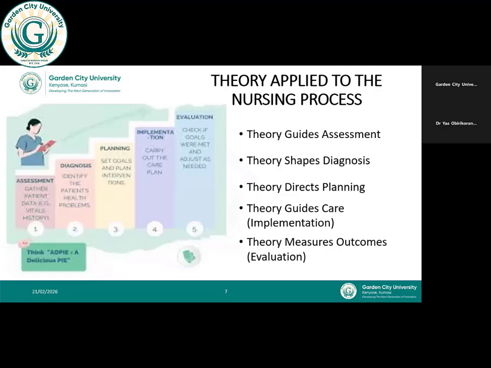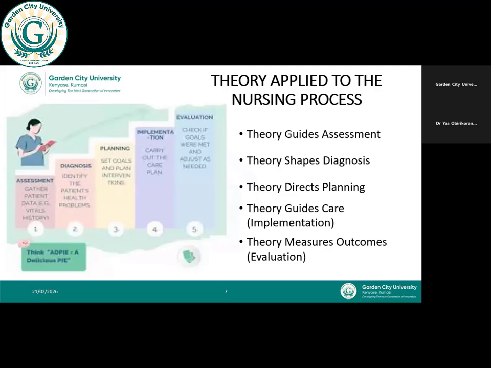Prescriptive in the sense that it tells you what to do for the patient to be able to meet the needs of the patient. So you set out your goals, you plan what you intend to do for your patient, as in you list out the interventions. Okay, you come out with the interventions of what you are going to do.